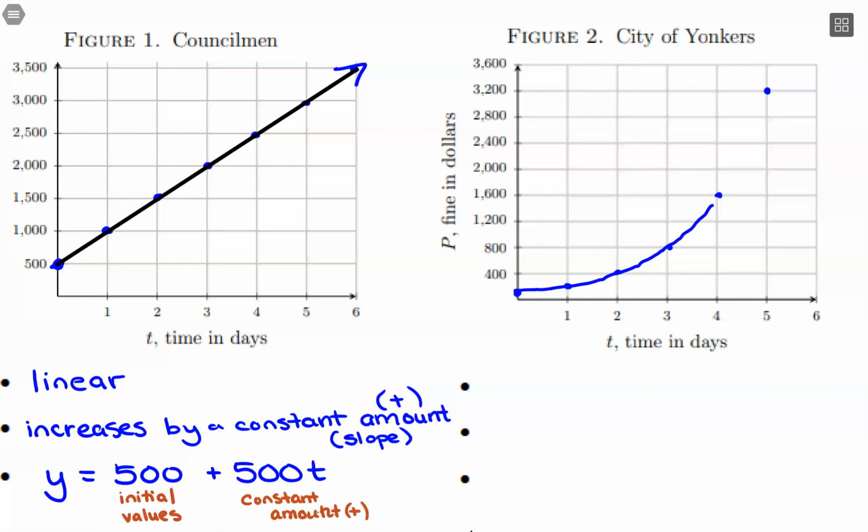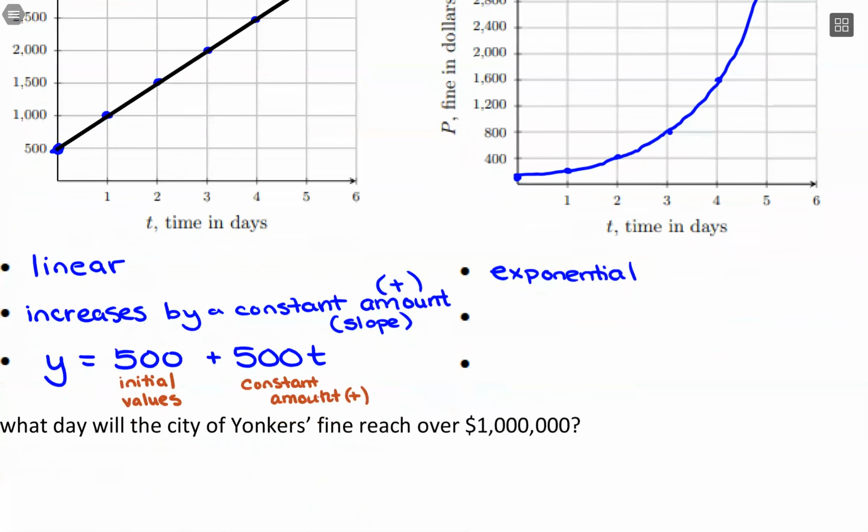We're going to connect the dots, and then we'll go off to positive infinity. So this is exponential. And what we're increasing by here is a constant factor. This is coming through from multiplication, as we saw written out in the table.